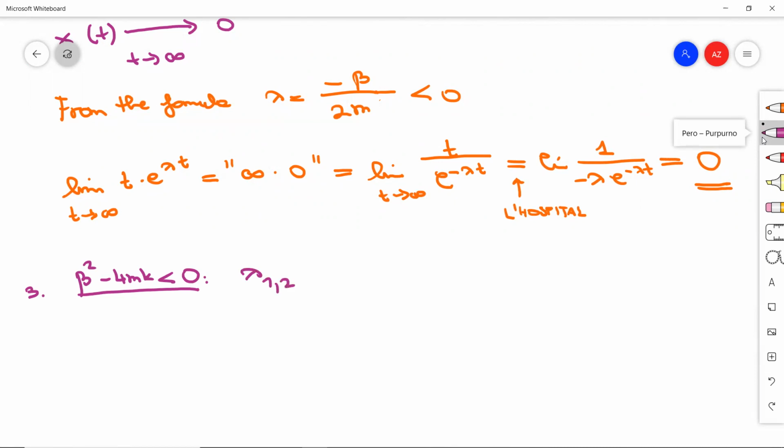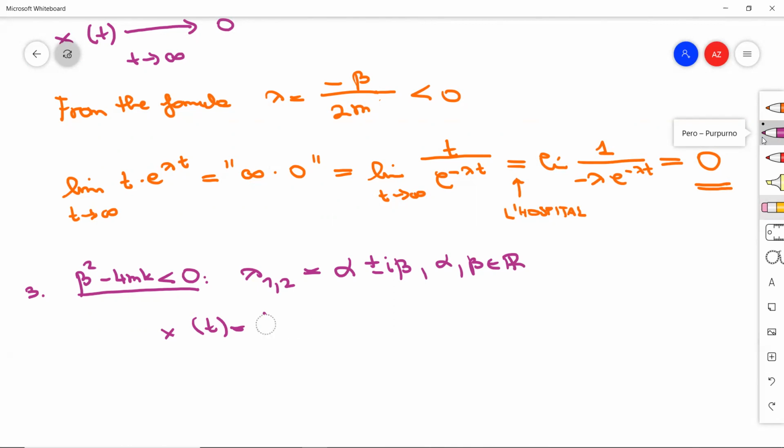So lambda 1, 2 is alpha plus minus i beta, where alpha and beta are real. And we know that then x of t is some constant times cosine of alpha. No, it's not cosine.